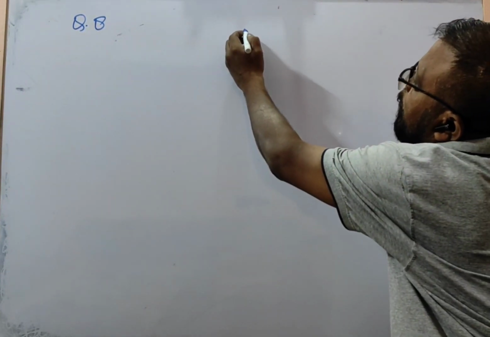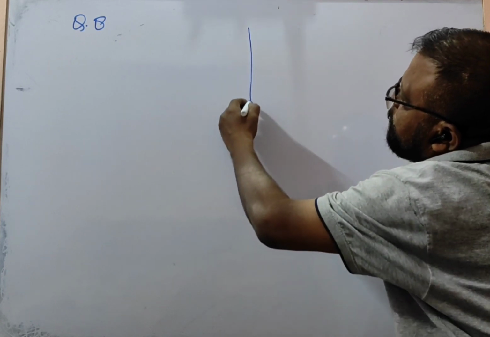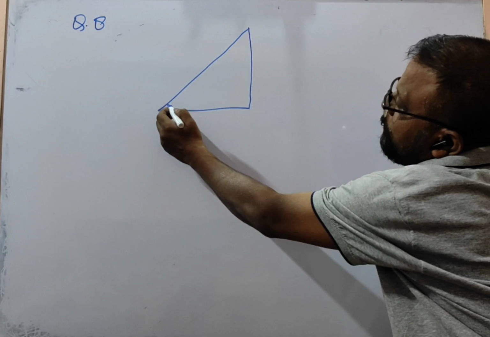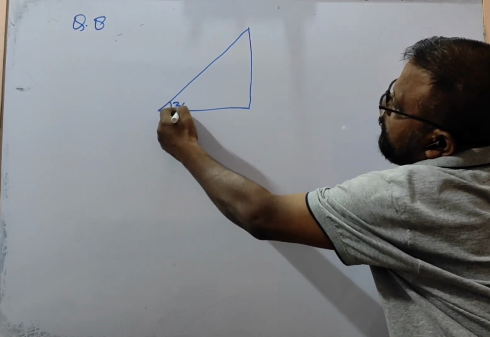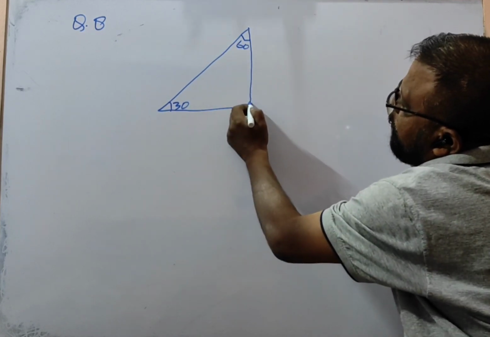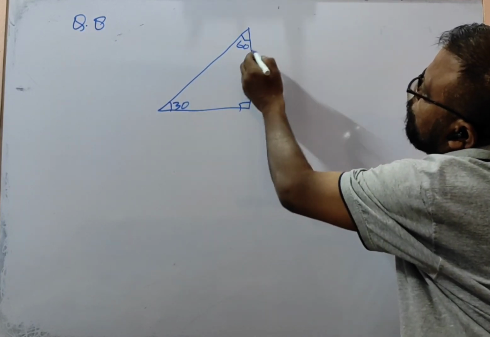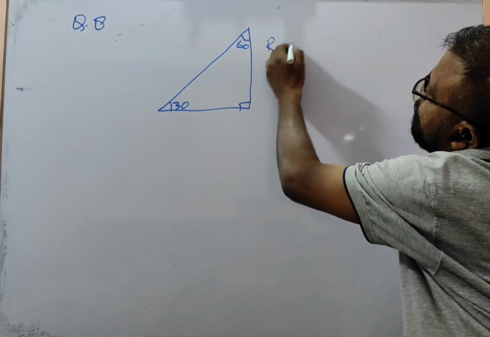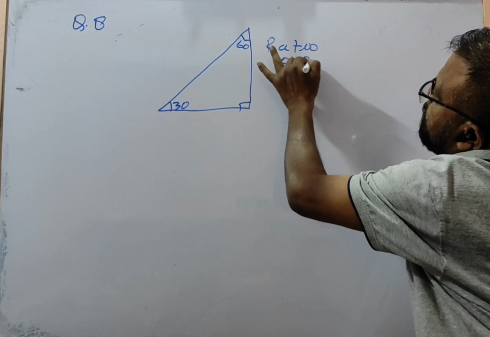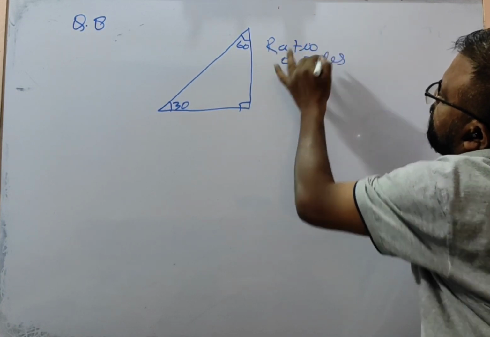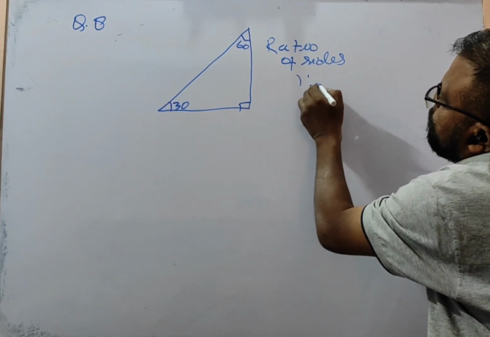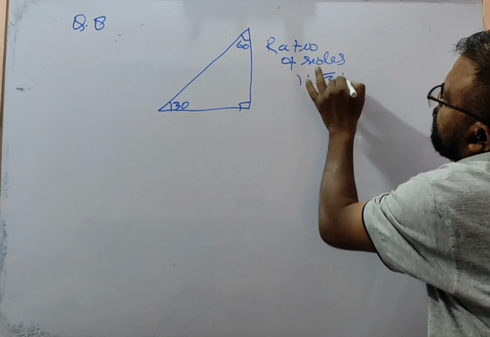When a right angle triangle is like this, there is a right angle triangle, right? This is 30 degree, this is 60 degree, and this is 90 degree. In that case, the ratio of sides that has been given to you is 1 is to root 3 is to 2.